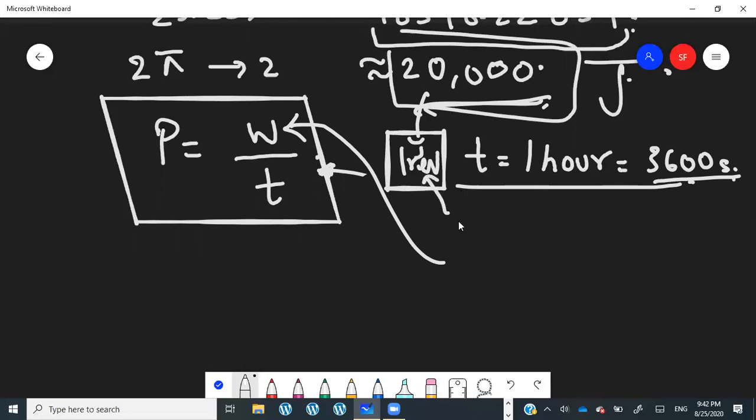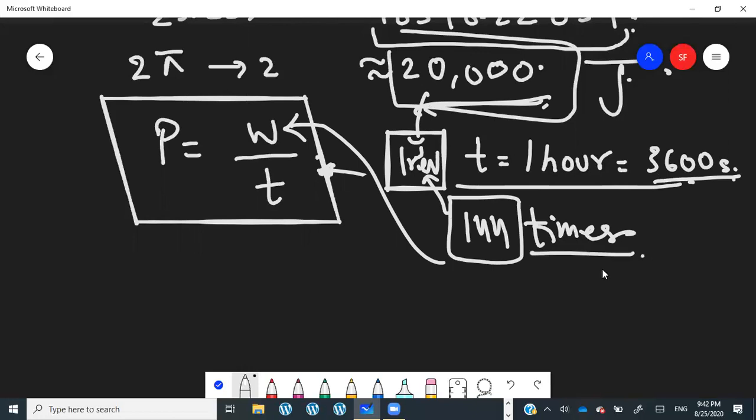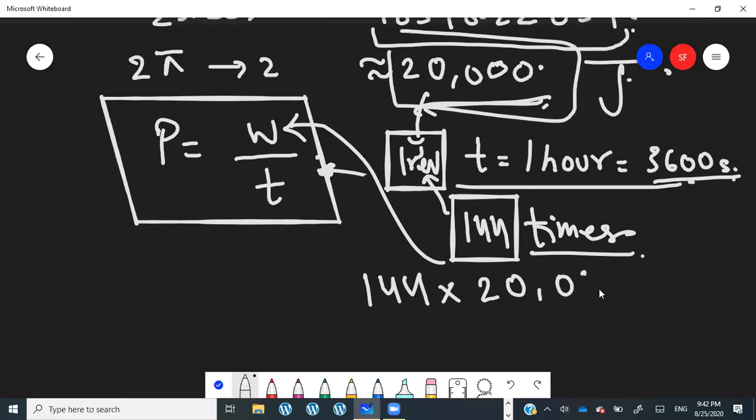Yes. Read the question again. It turned it 144 times. Do you see the term 144 times? Yep. So what's the total energy that it invested in turning it? 20,000 into 144. Yes, and divide this by 3,600.